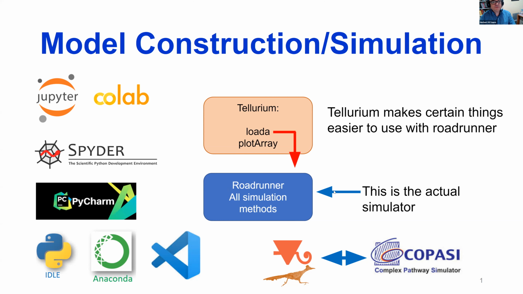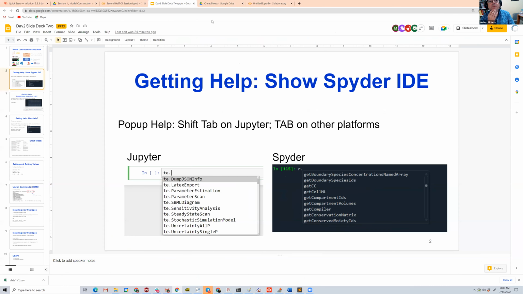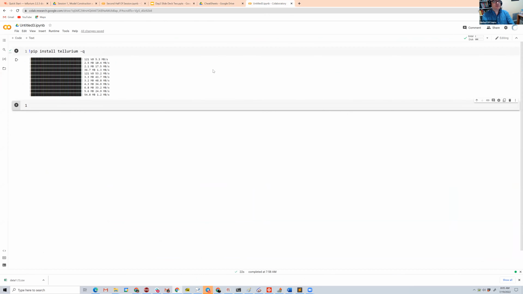Okay, so one thing I want to first mention is help again, and I want to show you a couple of things which you probably spotted yesterday when we were using it, but let me go to today's Colab website. So this is the Jupyter notebook I'm going to use this morning.